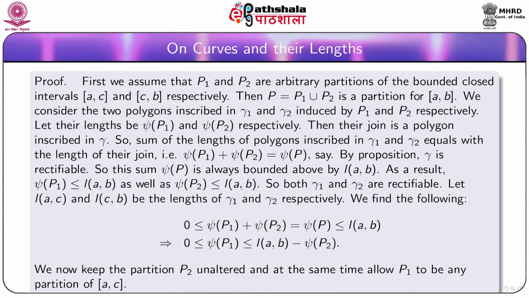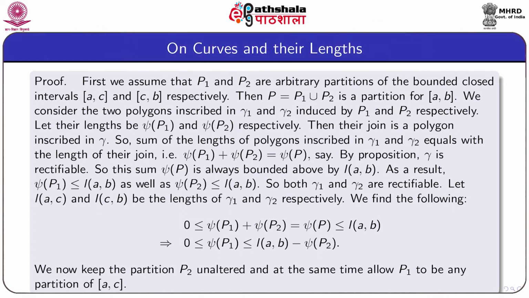Let L_AC and L_CB be the lengths of the curves gamma 1 and gamma 2 respectively. Now we find that 0 is less than or equal to psi(P1) plus psi(P2), which equals psi(P), but is less than or equal to L_AB. This implies that 0 is less than or equal to psi(P1), which is less than or equal to L_AB minus psi(P2).